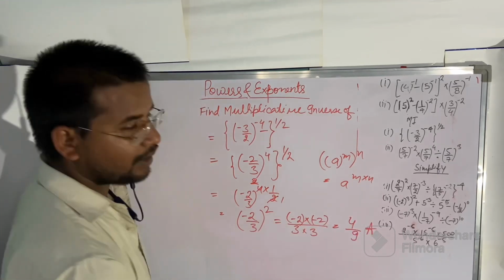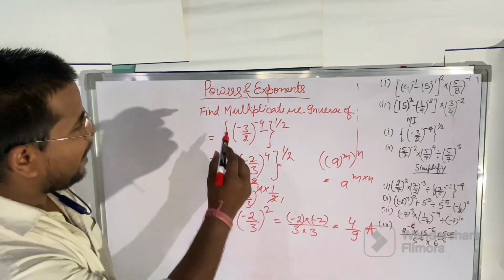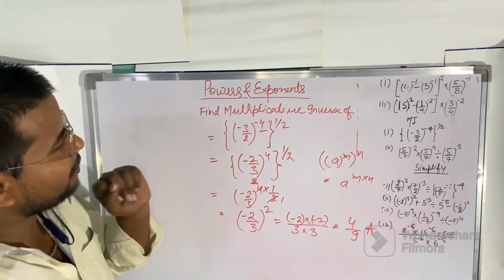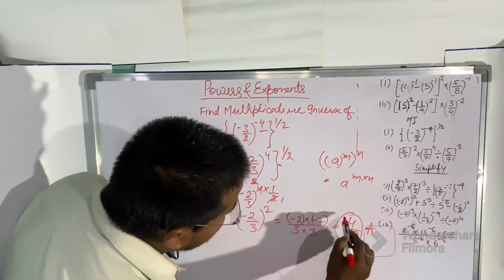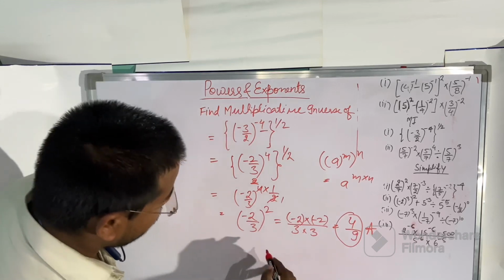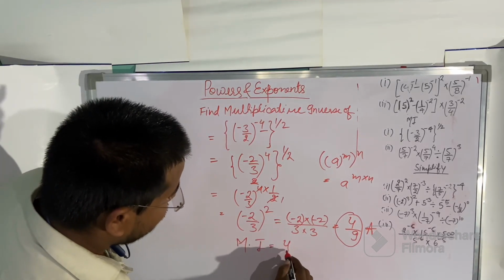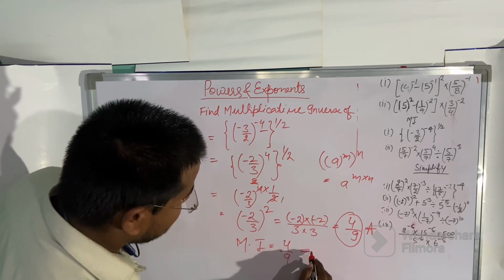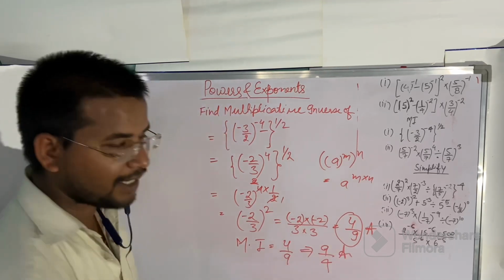This is our answer. No, this is not our answer. They ask to find the multiplicative inverse of that. So we have to find the multiplicative inverse of this. The multiplicative inverse of 4 by 9 is equal to 9 by 4. This is our real answer.